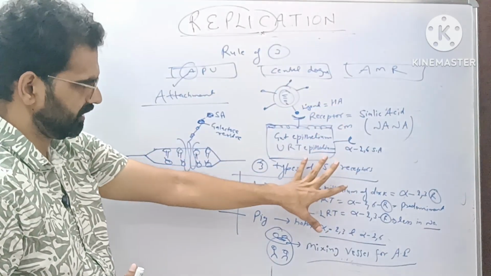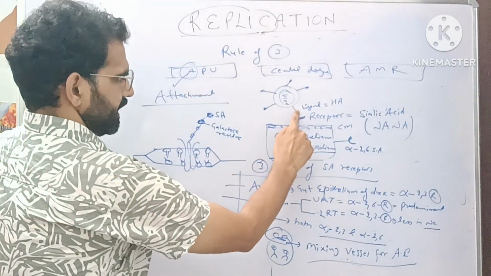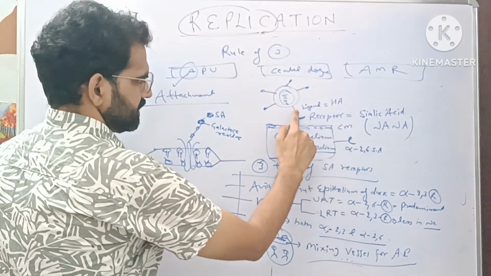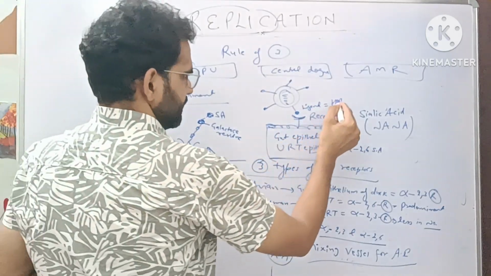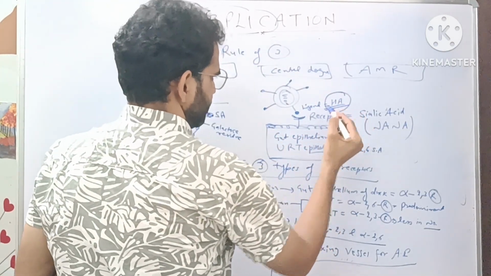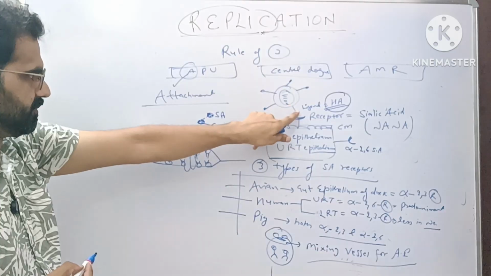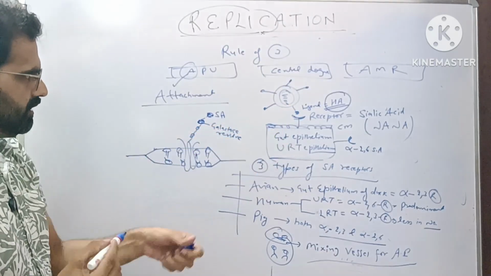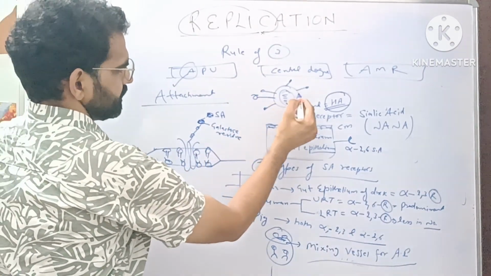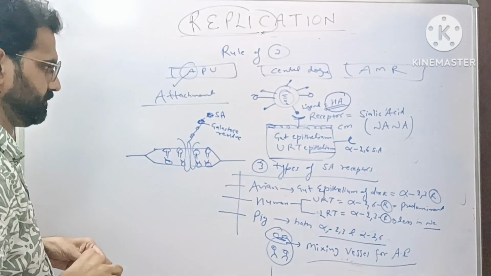These receptors are different, but the binding ligand for all these receptors is the same. That is the hemagglutinin, HA, which is a spike, a glycoprotein on the surface of the virus.